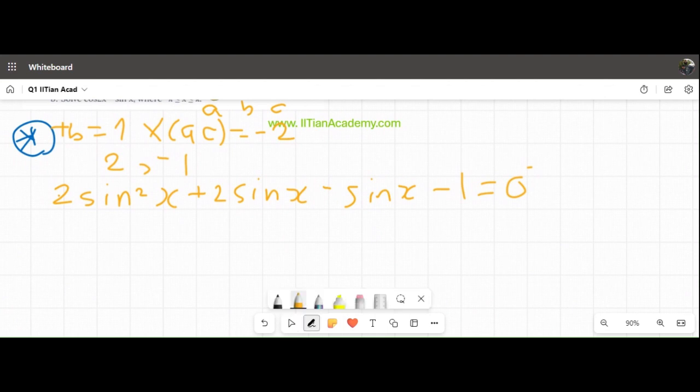So now we can find common factors. For the first pair, we have the factor of 2 sine x. You can factor that out, and we get sine x plus 1. And for our second pair, we have the common factor of -1. So then we'll get sine x plus 1.